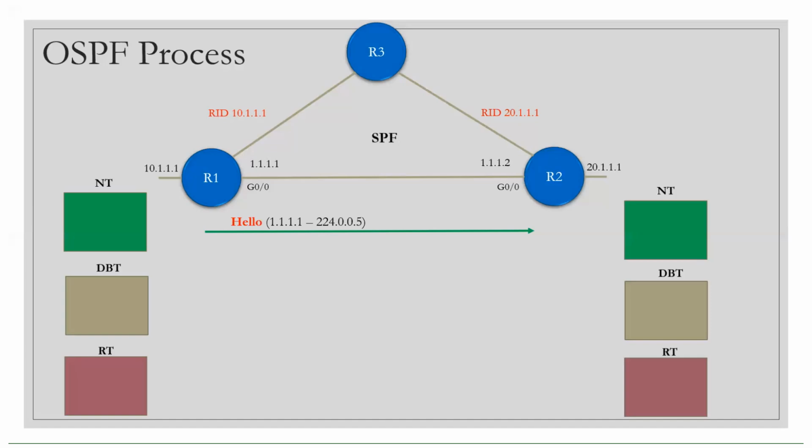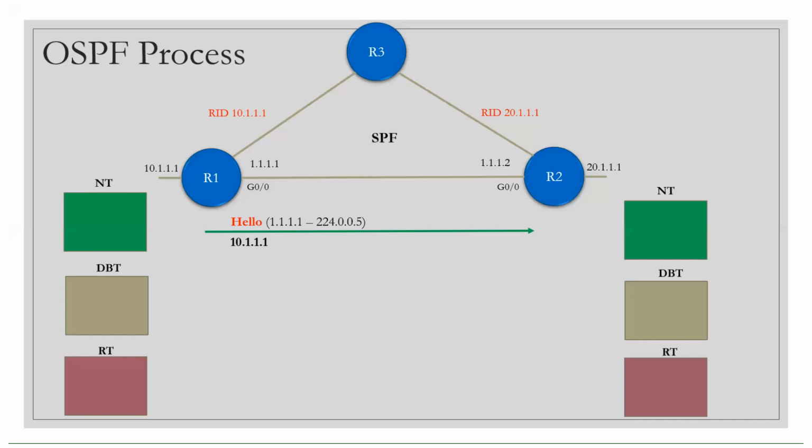So through G0/0, the hello will be sent out, which is 1.1.1.1, and it is not going to be sent to 1.1.1.2. Like I said, it's going to be sent out to the multicast group 224.0.0.5 or 6. Now, one more thing, it is also going to send the router ID along with the hello packet. The hello packet will also send the interface IP, and apart from that, the router ID as well.